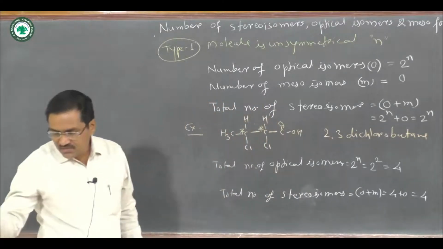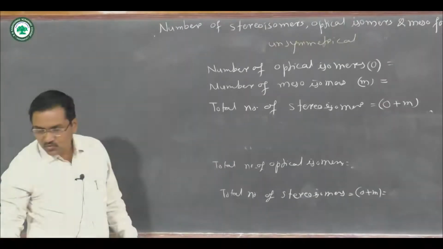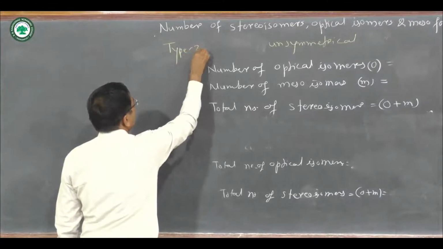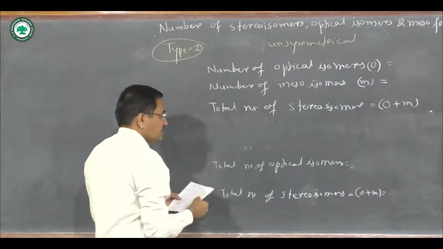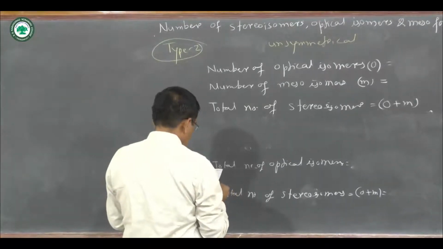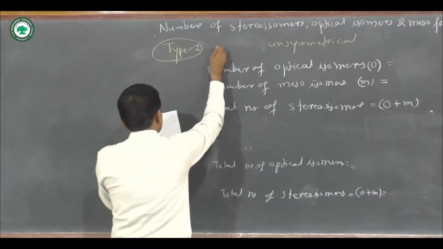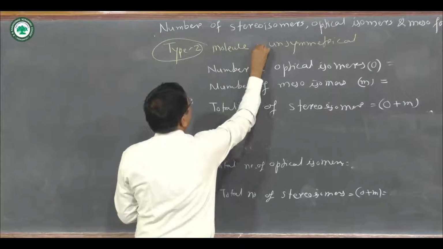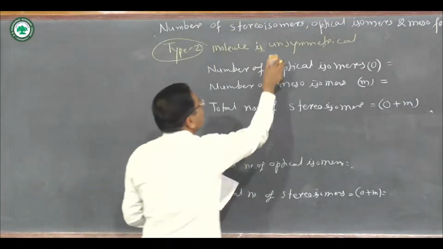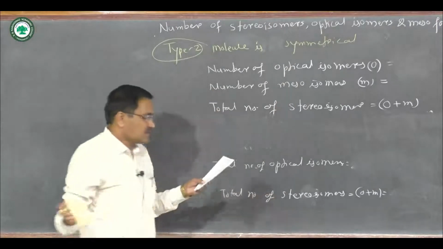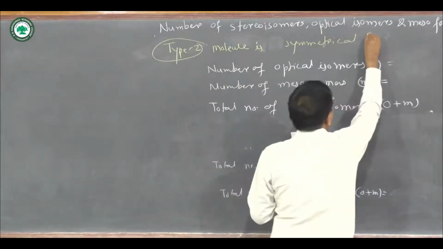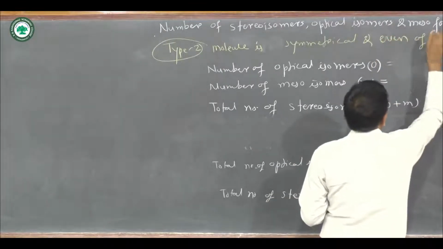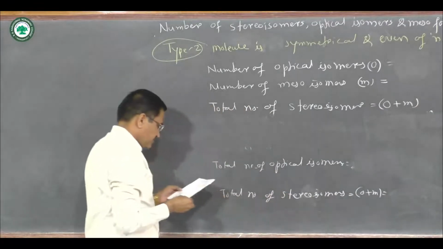Now we will move towards the second type. Type 2: the molecule is symmetrical and has an even number n of chiral centers.